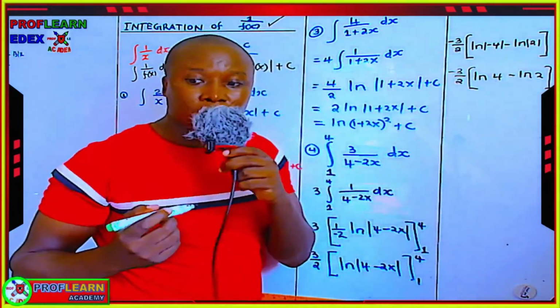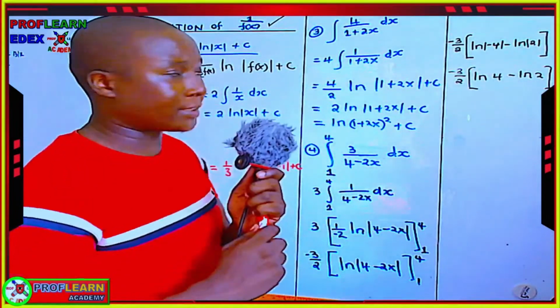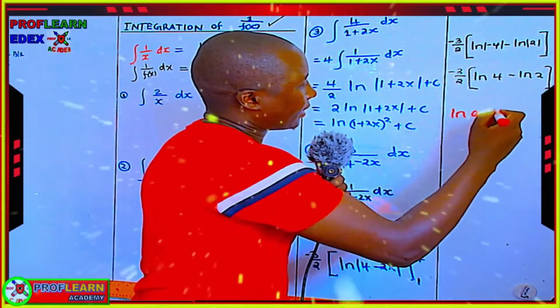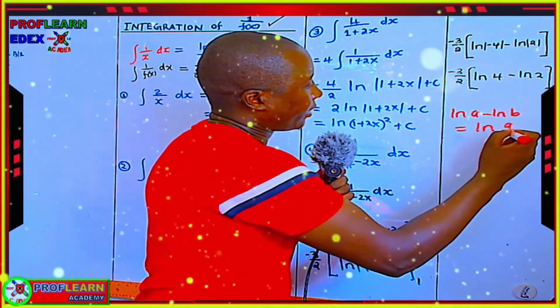Now, from the laws of logarithms, I need you to remember that if you are having ln of a minus ln of b, this translates to ln of a over b.